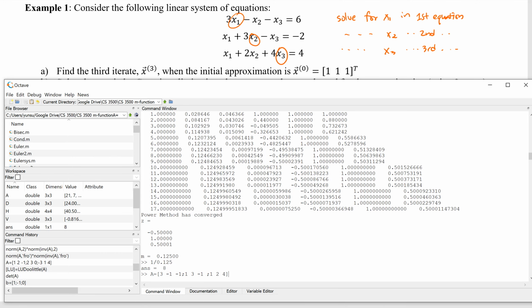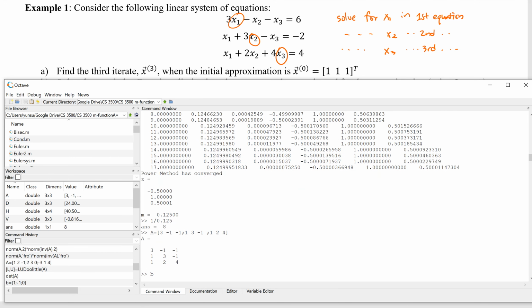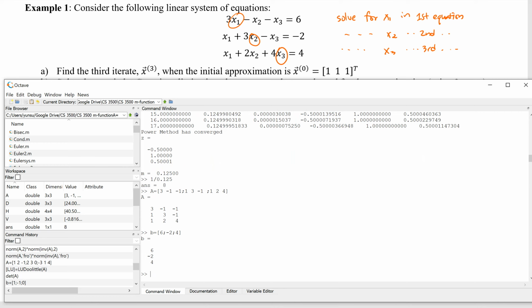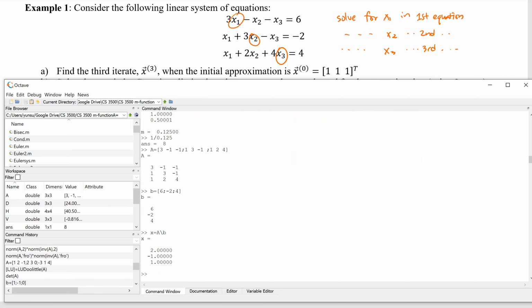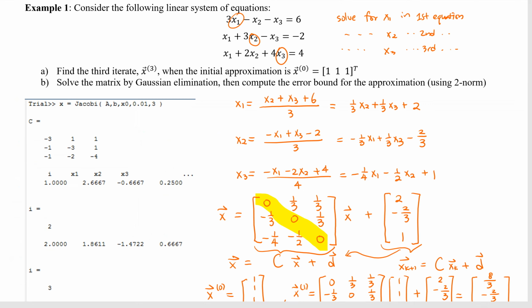And our right hand side, b equals [6; ...]. Oh, brackets, I forgot the brackets. And remember to use semicolons because we have a column vector. Okay, and then we have x equals A slash b. Oh, so the answer is 2, -1, and 1.